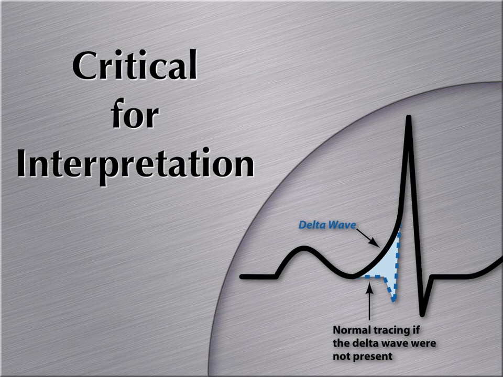Mechanisms, as I mentioned before, are critical for interpretation. It's okay to understand the pattern of Wolff-Parkinson-White. Like right here, you have the pattern of Wolff-Parkinson-White. You have a short PR interval, you have a delta wave, you have ST and T wave abnormalities, which you can't see because it was cut off the paper, and I apologize for that. But it doesn't go into why that is caused.